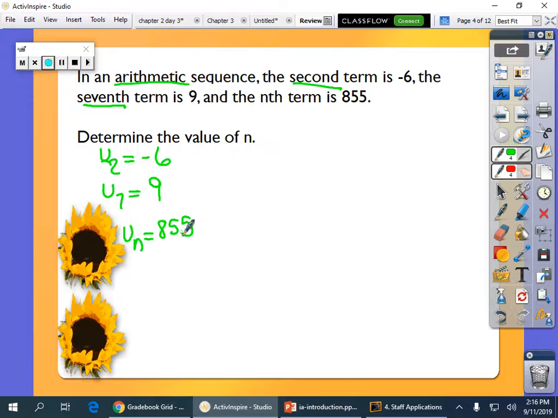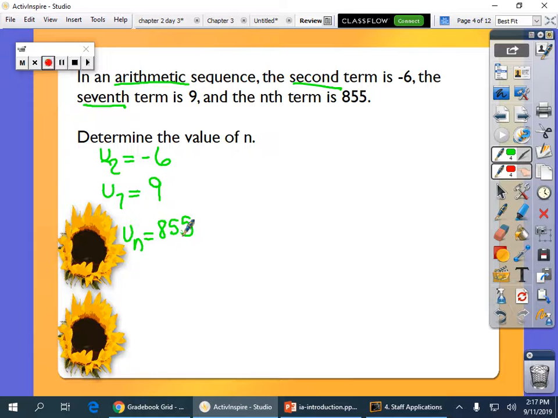What can I do with the first two pieces of information? Because that does not give me the first term. What can I do? I can use them to find D, which then there's a quick way to find the first term because they gave me the second term. So once I find D, I just backtrack.